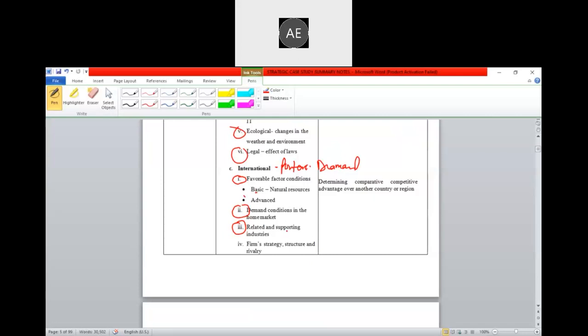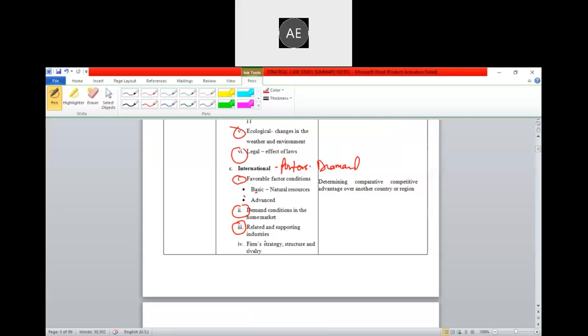If there is competition there, it means we can purchase, let's say, our raw materials or components at a cheaper cost, and based on that, we can go outside and succeed.